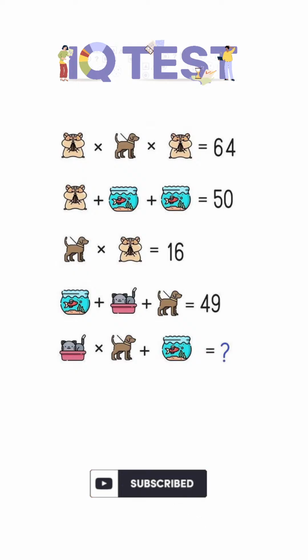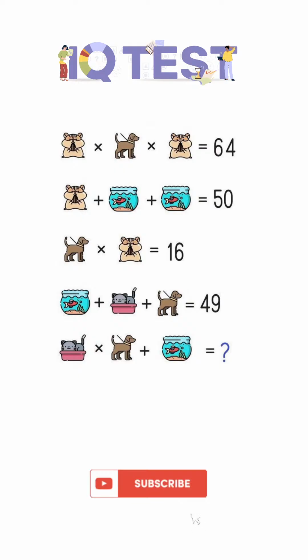Okay, so from the look of things over here, we have the hamster multiplied by the dog is equal to 16. Are we okay? So if we look at that, the only two numbers that you multiply to get 16, apart from 8 and 2, will be 4 and 4.